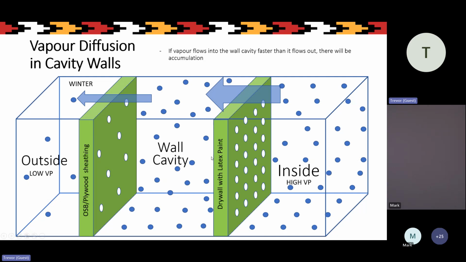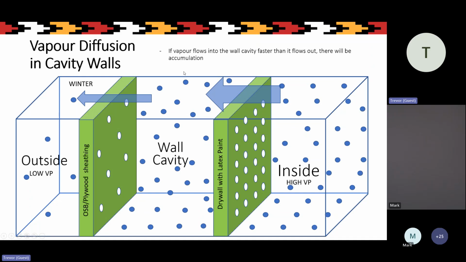What we'll see is that the drywall with latex paint is the most vapor open part of this wall. The plywood or OSB sheathing is quite a bit less vapor permeable than the interior drywall. So what's going to happen is we're going to get a large flow of moisture into the wall cavity, and it's going to leave slowly.